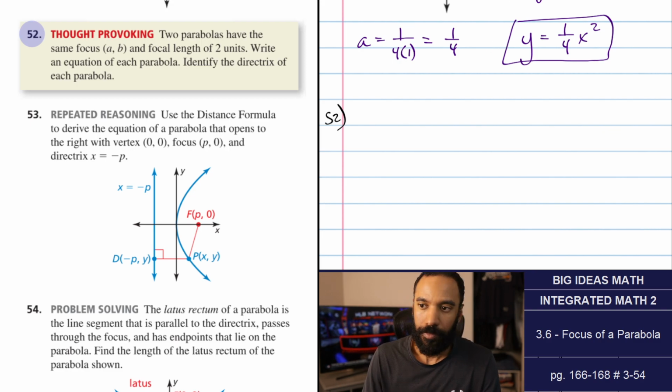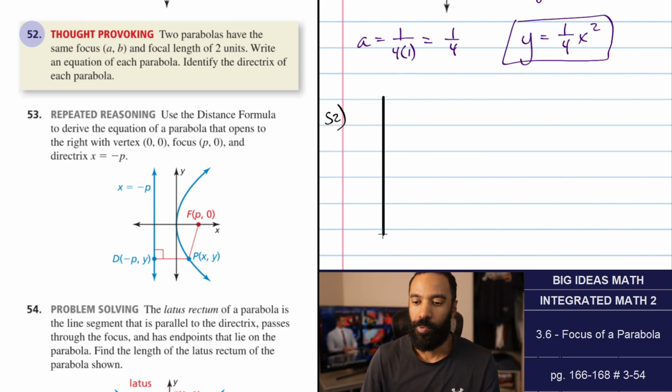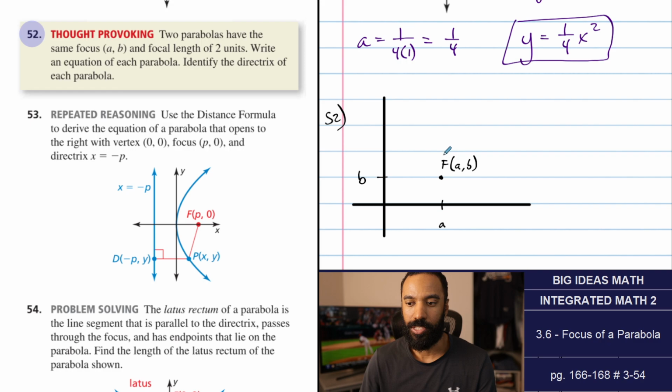When they're saying focal length of 2 units, I assume they mean P is a positive value. So we can do something like this, right? A comma B. So here's A, say, and here's B. So here's your focus for 2 different graphs. Now the focus is inside your parabola.